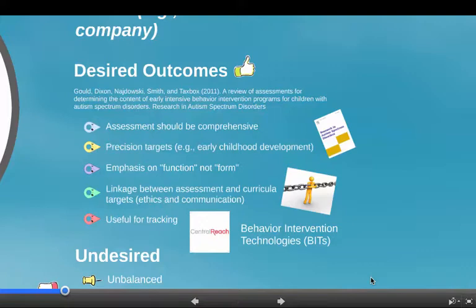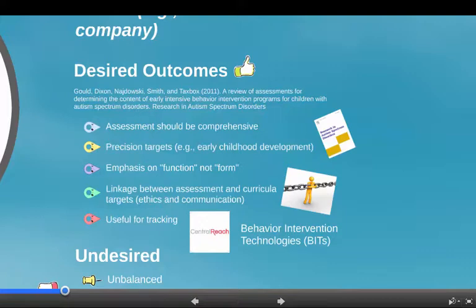So for example, if the assessment is being used to measure a child's early development, then that would be the target of the assessment. That's what the assessment will focus on. And from a developmental standpoint, the assessment will give you information in terms of where that individual is falling regarding their own personal development.